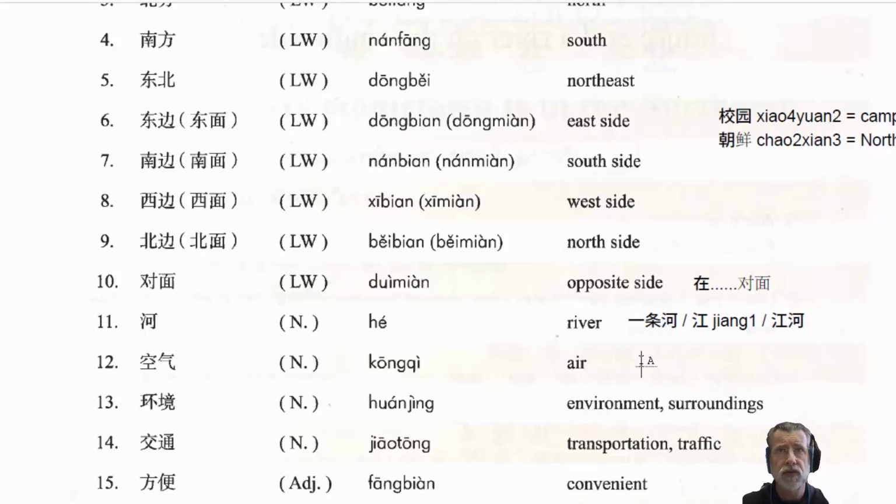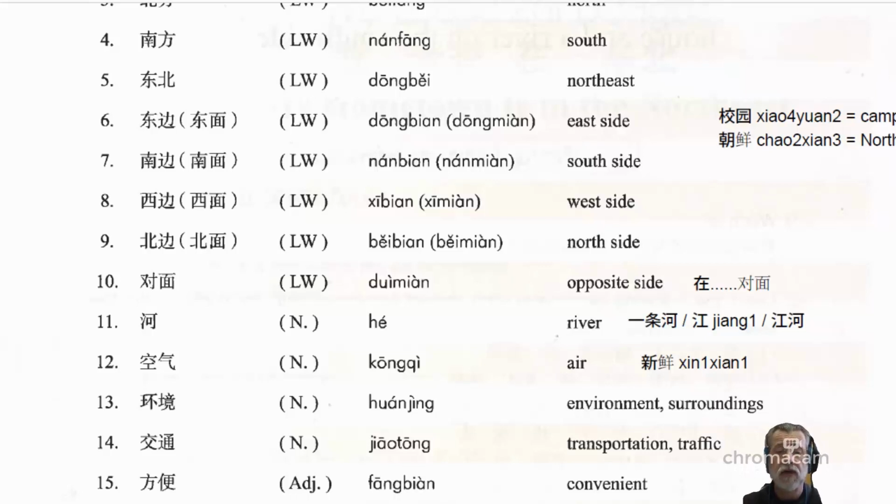In fact, I'm sure, yeah, in an earlier lesson we learned fresh, which was 新鲜. So that could be a word that we could use to describe air. 这里的空气很新鲜. Or you can just use other words like 好.